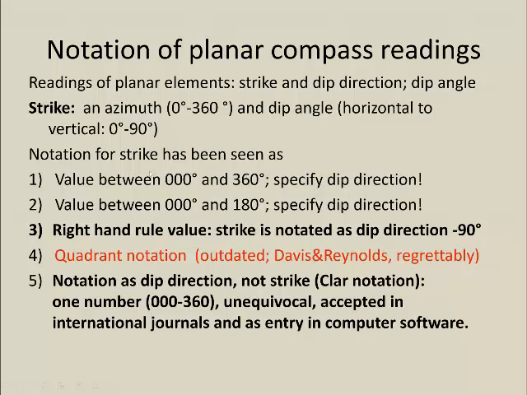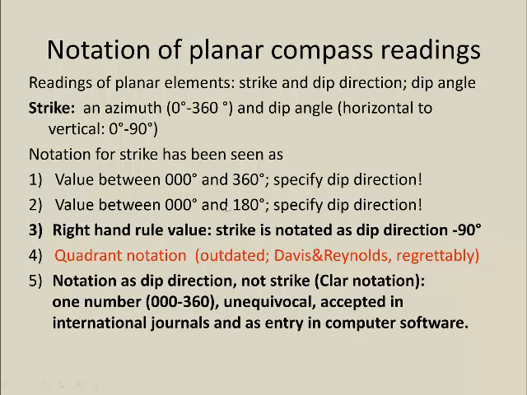So a plane that has a strike east-west, 90 degrees or 270 degrees, you can choose either of them, but then you have to tell the people whether this plane is dipping to the north or to the south. Then there are some people who say, well, since we have always two ends of the strike line, one end of the strike line will fall always between 0 and 180 degrees.